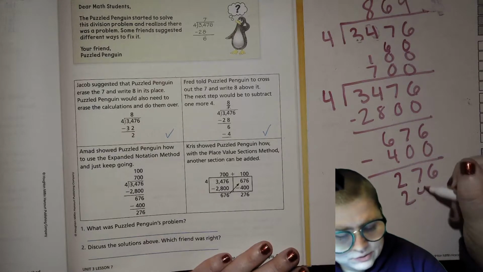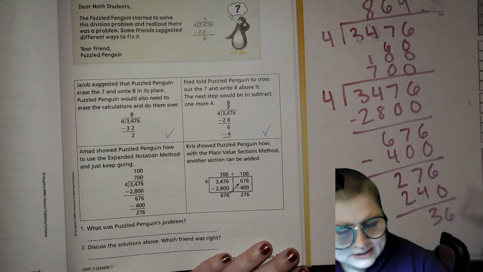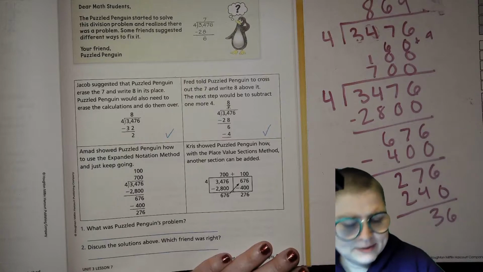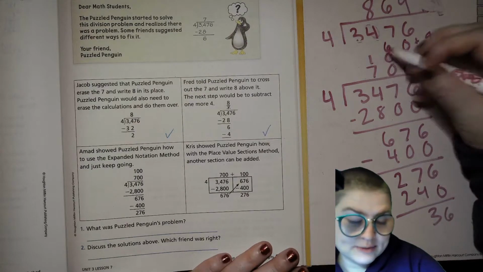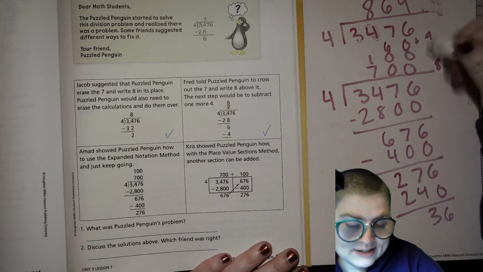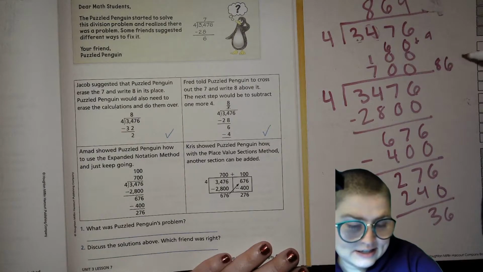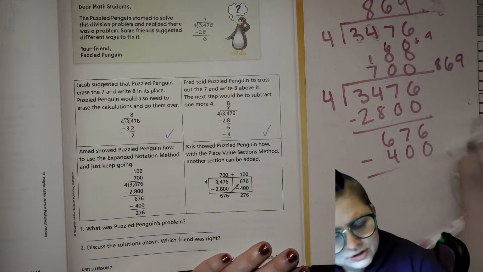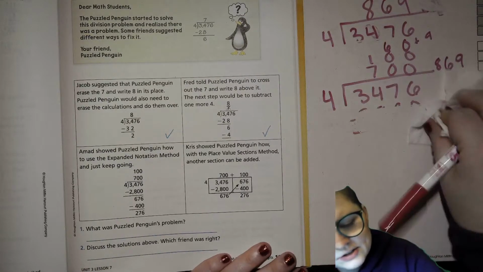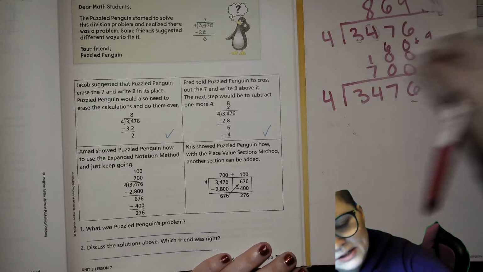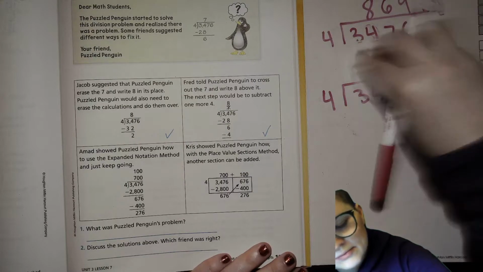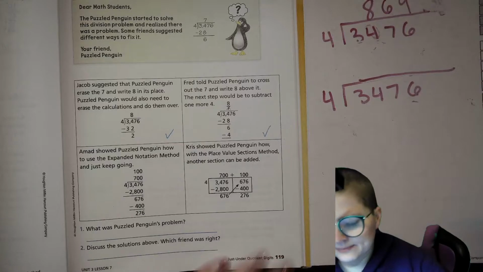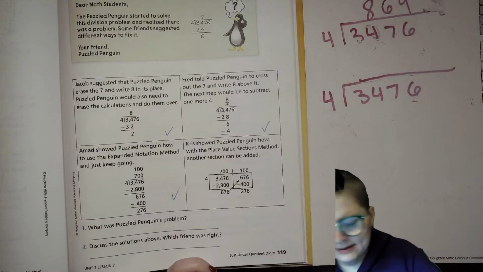And you get your 240, and you get 36, and that will give you, we don't really have space for it, but also plus 9. So then that 100 plus 700 is 800, and then 60, and then 9. Same answer. So Ahmad's approach is also a good way to go. Right? So good job to Ahmad.